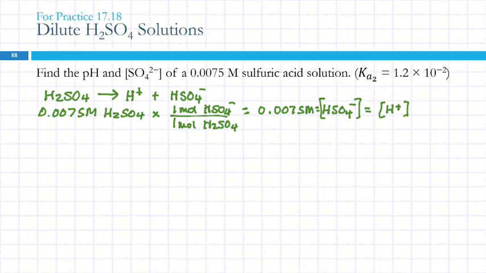So now we're going to look at this guy. This has a hydrogen that it can lose. HSO4- will be in equilibrium with H+ and SO4 2-.